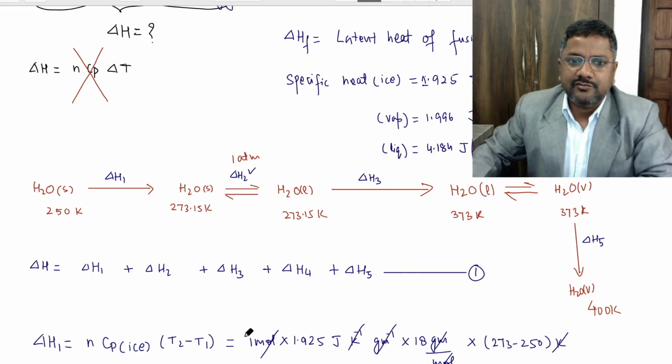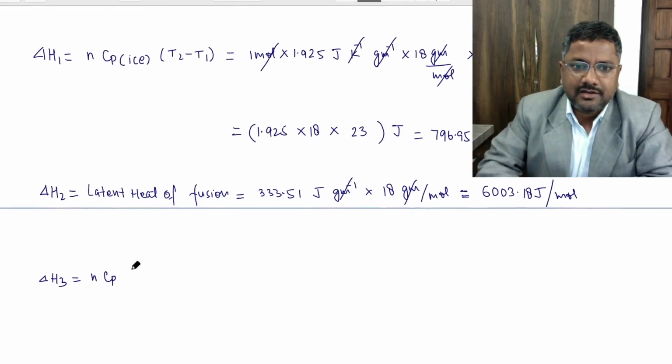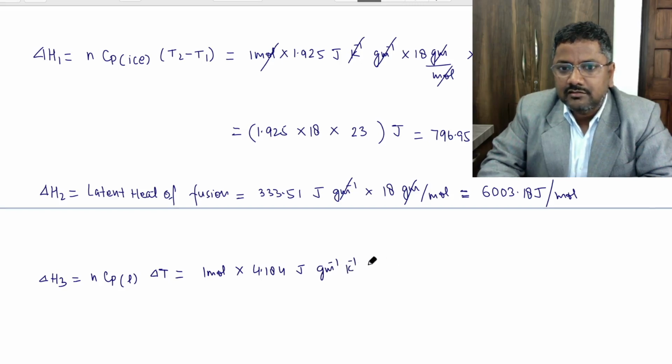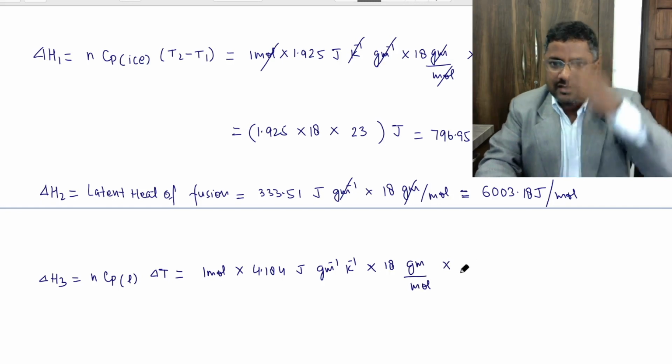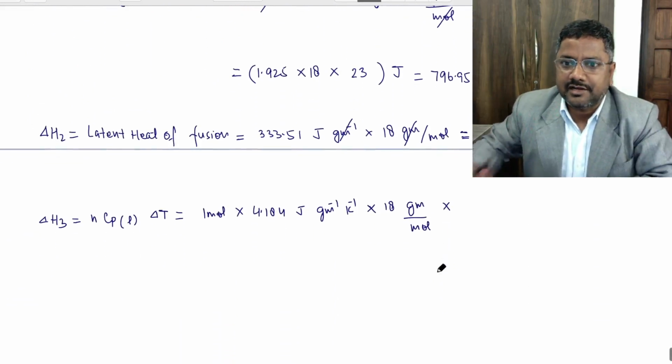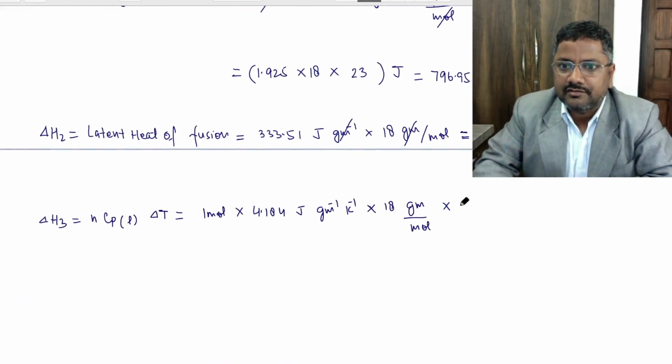So this time we have to take this Cp of liquid and delta T. So this is 1 mole multiplied by 4.184 joules per gram per Kelvin multiplied by 18 grams per mole multiplied by 373 minus 273, that means delta T is equal to 100 Kelvin.